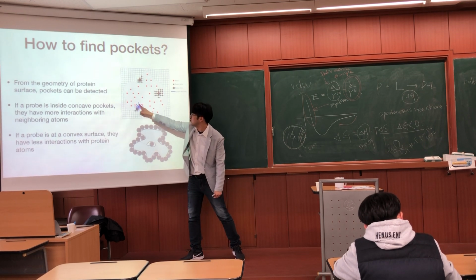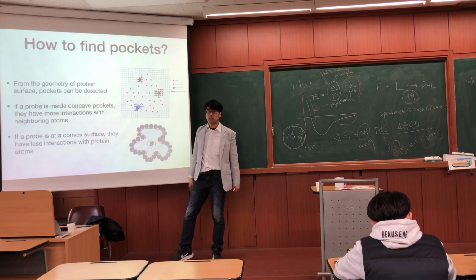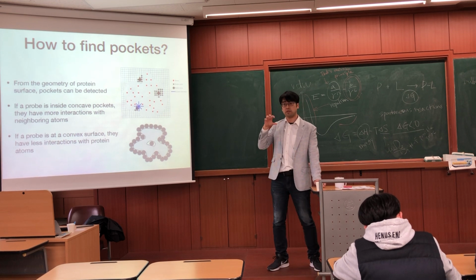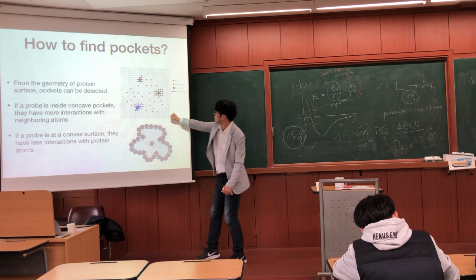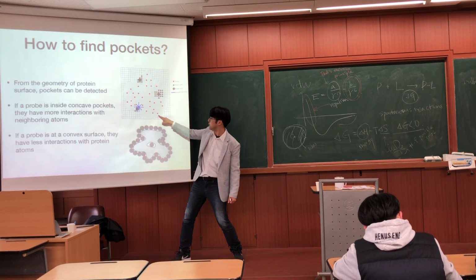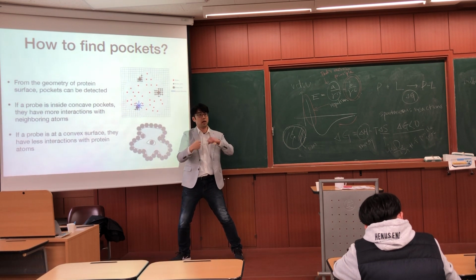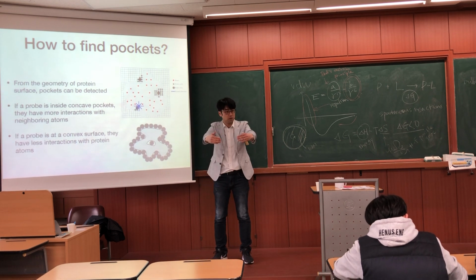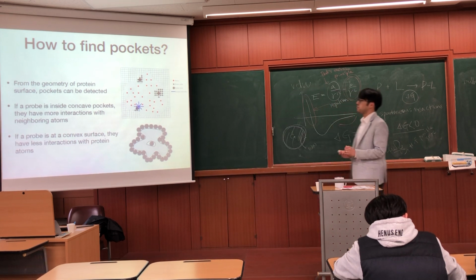This is a concave spot, and this is also a concave spot, right? What is the opposite of concave? The opposite of concave is convex. If something is bound here, it doesn't have many contact spots. Only this spot will interact with the ligand, so it cannot bind tightly. You can easily think that once you have a ligand, you want to surround it to interact with it strongly.